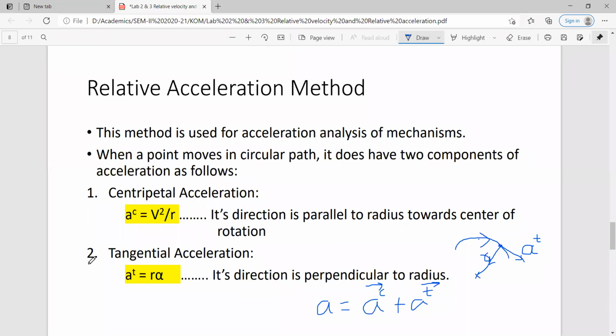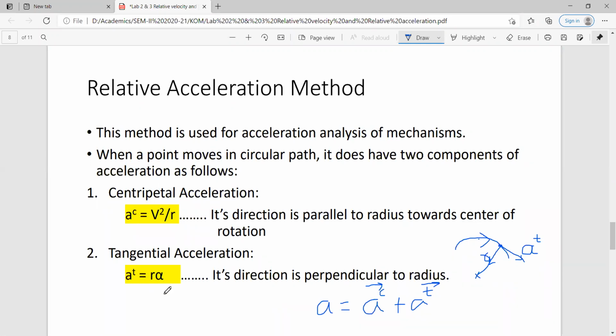Understood it? Did you see the formula for how to find the centripetal acceleration? V square upon r. Tangential acceleration, how will you find it? Its formula is r into alpha, where alpha is the angular acceleration of the particle or of the link on which the particle is present.